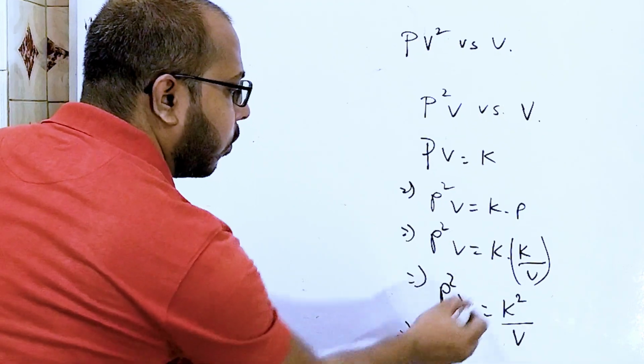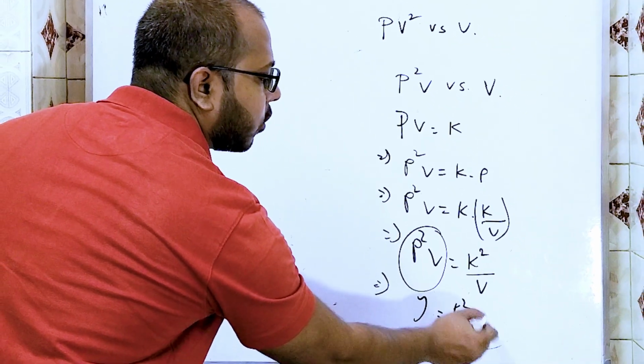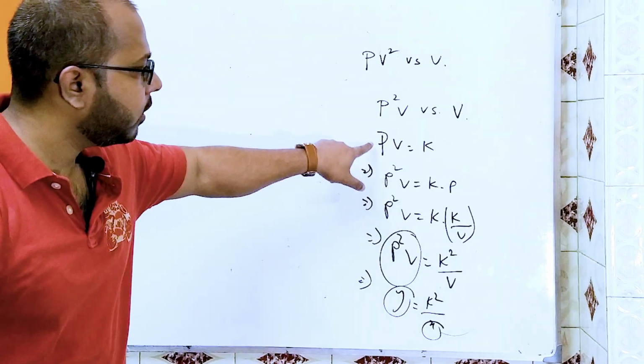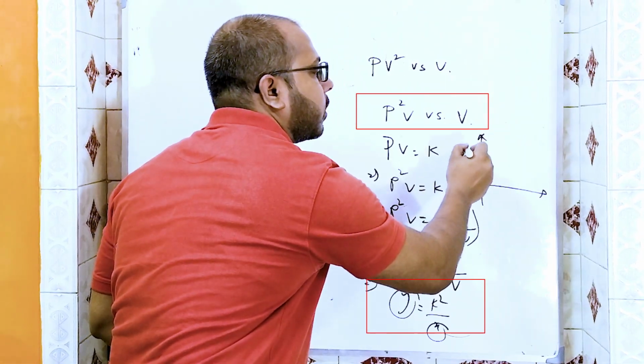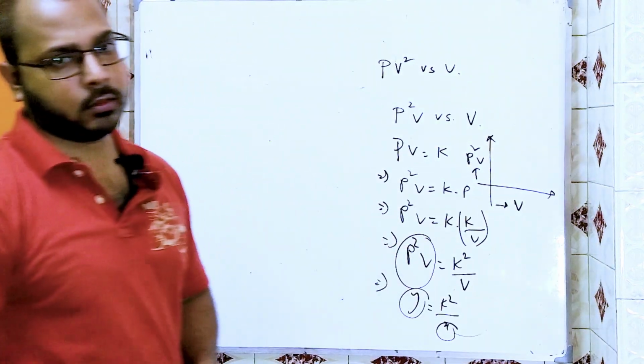So y equals some constant by x. This is the y axis and this is the x axis.